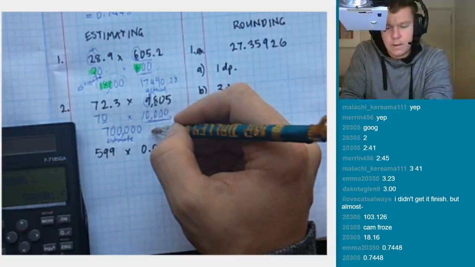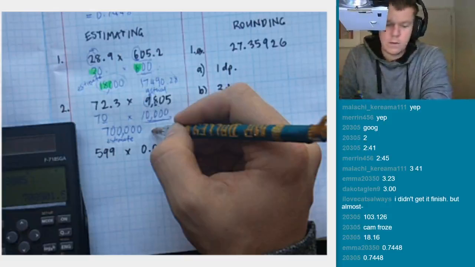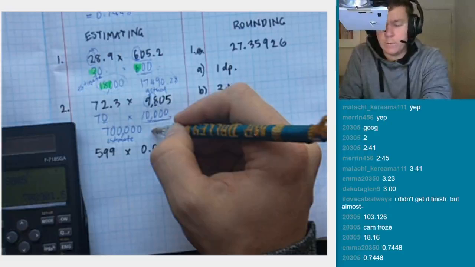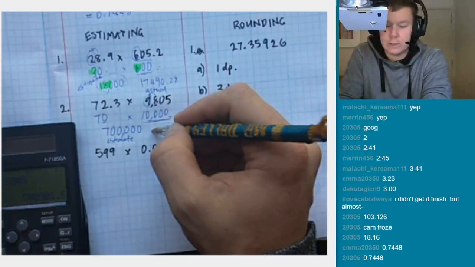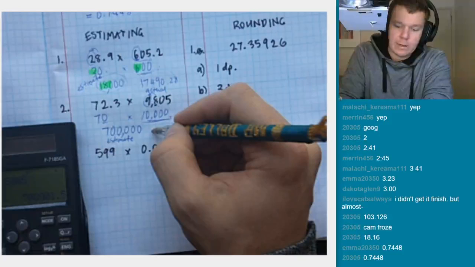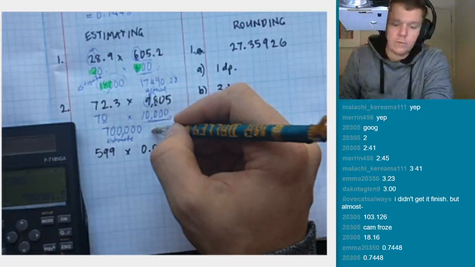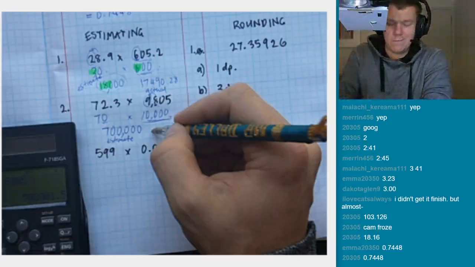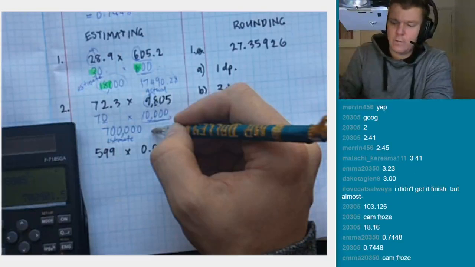This was our actual. But whenever you're asked to estimate, the estimate is the correct answer. In the final year exam, you're likely to get a question like this, and if you put the actual answer, that's just showing that you don't understand what estimating is. So you wouldn't get that right if you put that answer, but you would if you put this answer. Hope that makes sense. So be wary of that.